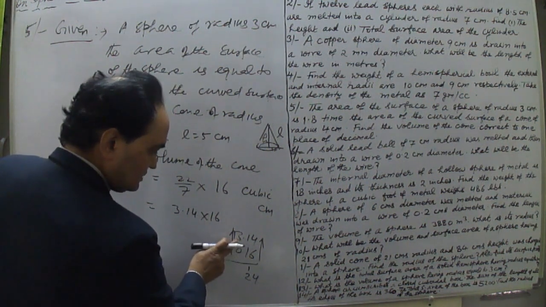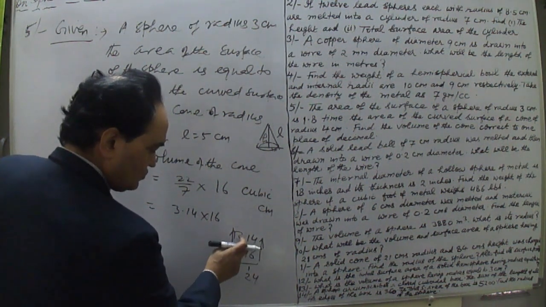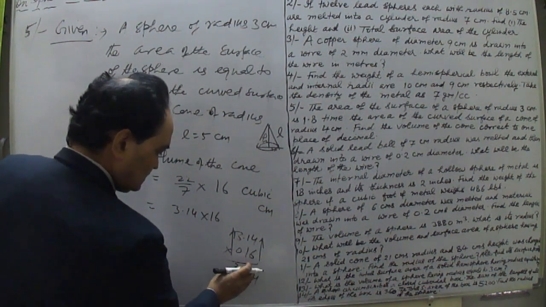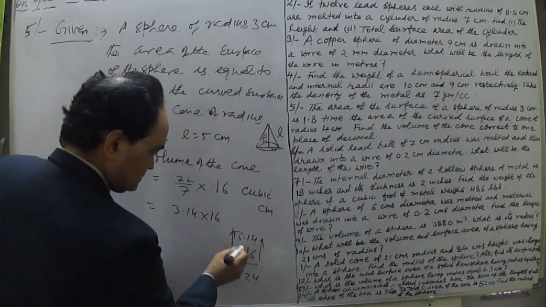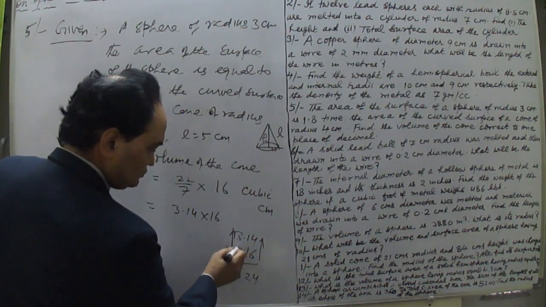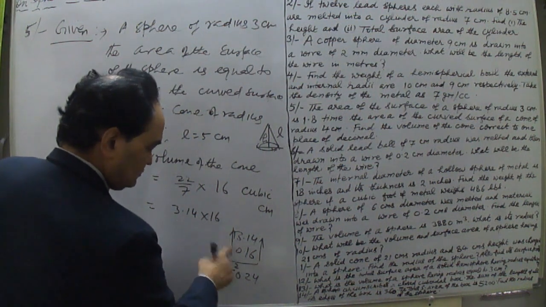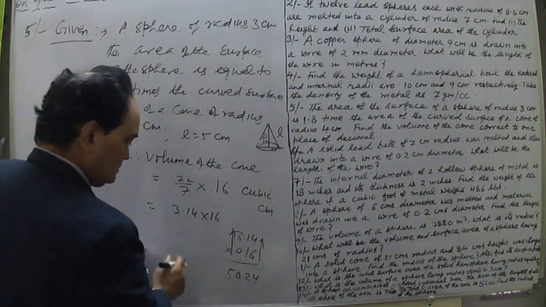Now 6 into 3 is 18, and 1 is 19, and 1 is 20, this is 0, 2 carry. Now 3 into 1 is 3, and 2 is 5. This is 5 here, 3 into 0 is 0. Only this is the value.